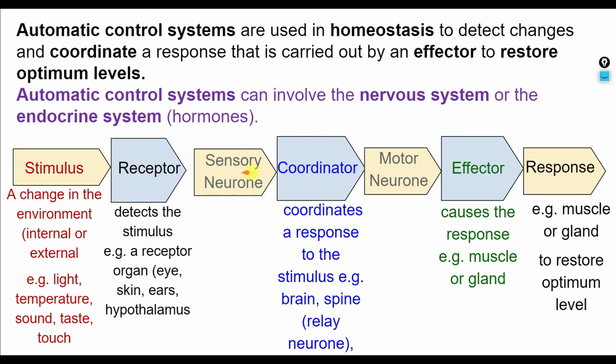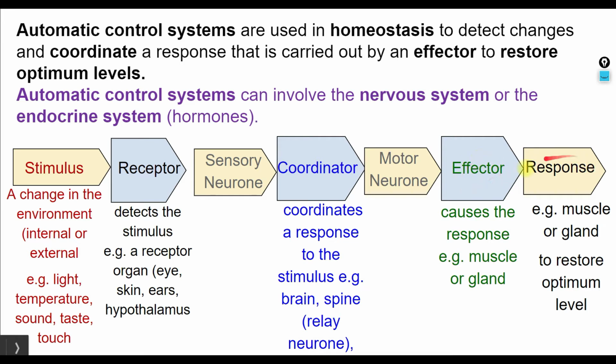The sensory neuron sends a message to the coordinator. The coordinator is usually in the brain or the spine, if we're talking about nervous system. The coordinator uses a motor neuron to send a message to the effector. And the effector is usually a muscle, but it can be a gland, sending out a hormone.